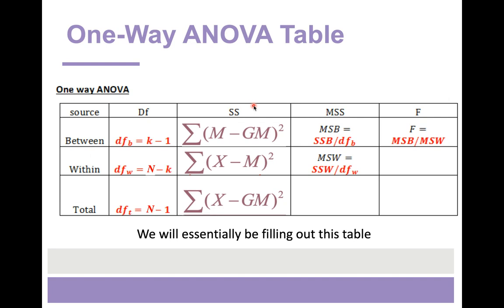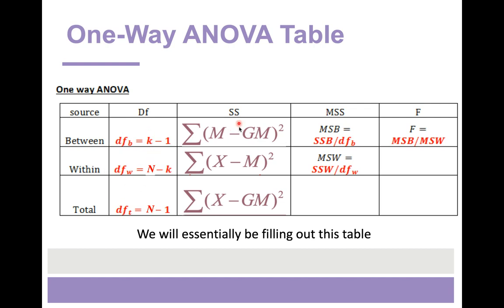As we conduct these statistics, which we're going to do in the next video, we will basically be filling out this table. So let's take a look at this and break down this table. We have our three sources of variability, between, within, and those are going to add up to total. We will derive a degrees of freedom for each of these sources of variability.